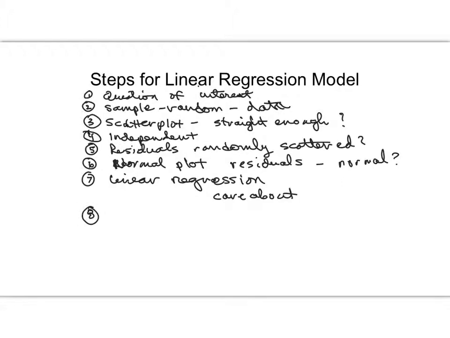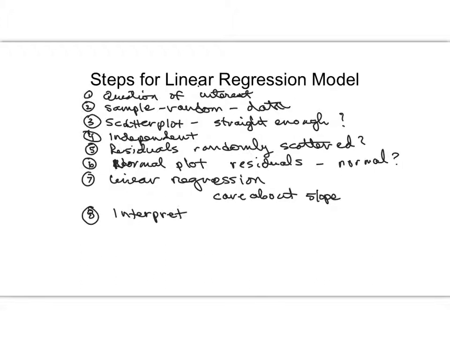So we need to take care and test to make sure that those are normally distributed. And if we do that, and we can say that it's within reason, we can interpret it once we've done that.